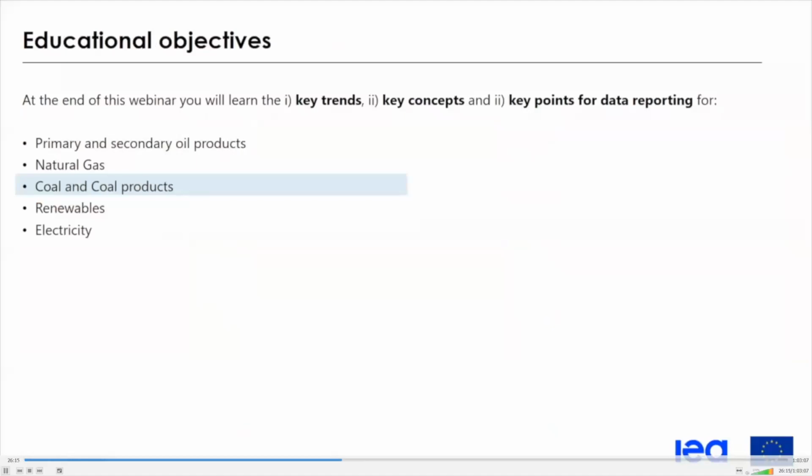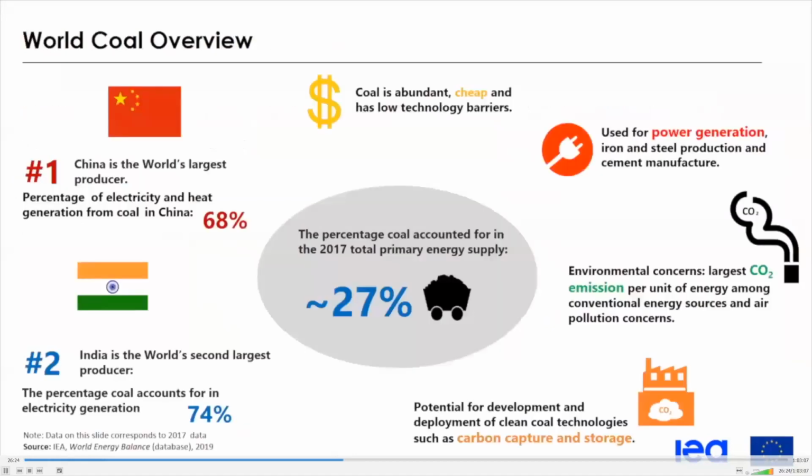Now we will talk briefly about coal and coal products. Regarding coal, the key trends are, of course, located in Asia with China and India. China is the world's largest producer of coal, followed closely by India.